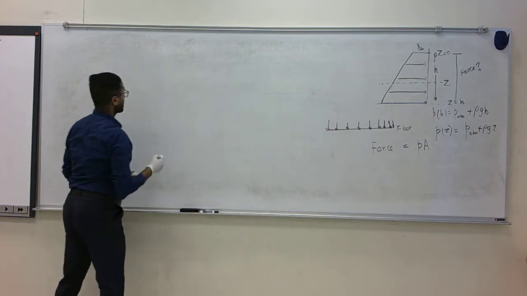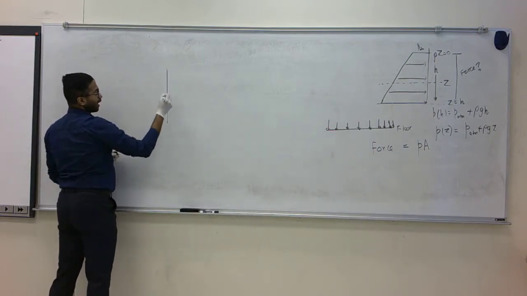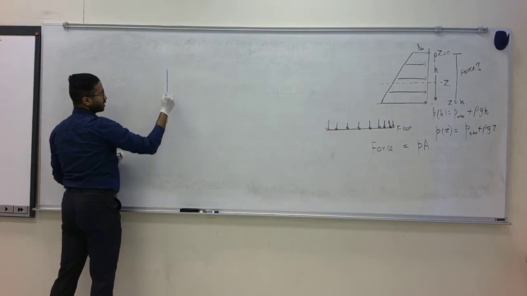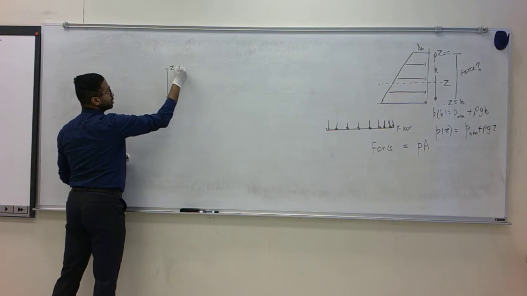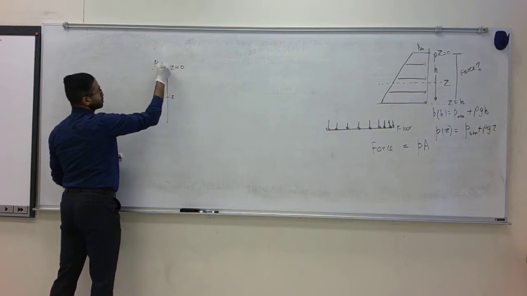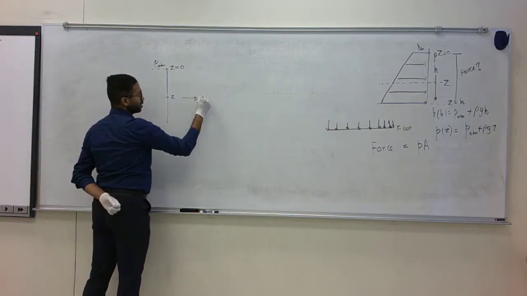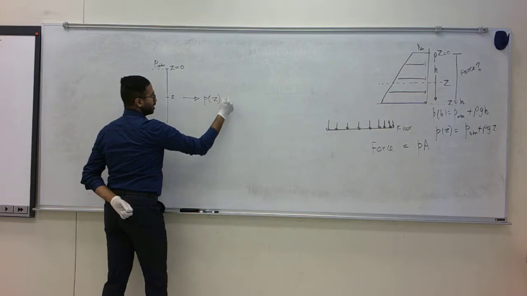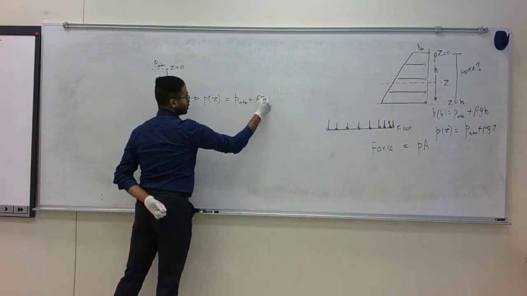So here I have let's say this is the side wall. I consider some arbitrary height z, and this is the top surface z equals 0, where I'll say the pressure is atmospheric pressure. So the pressure at height z, P of z equals P atmosphere plus rho g z.